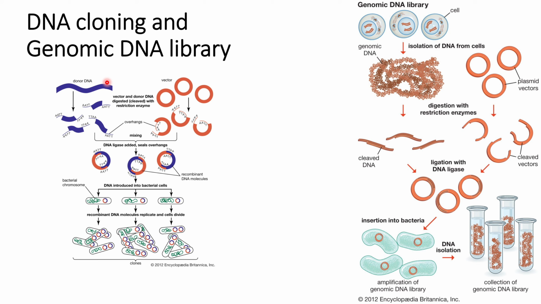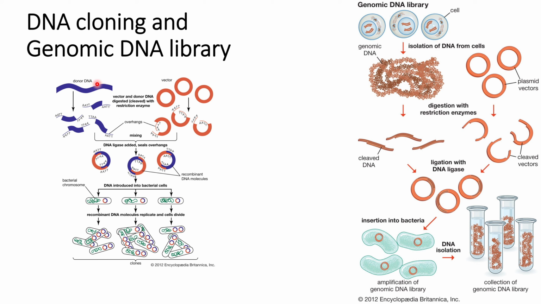good kind of cleaving restriction enzymes are also known as molecular scissors, and they cleave the DNA at a specific sequence of nucleotides. This kind of cleavage is called staggered cleavage.